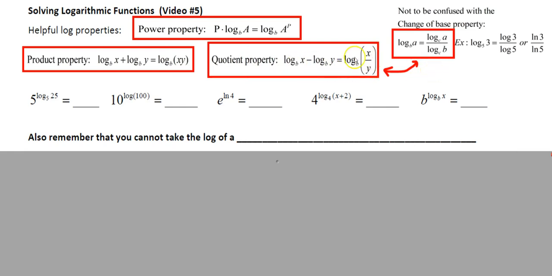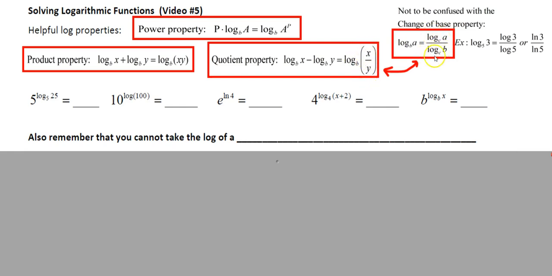Please do not get the quotient property mixed up with the change of base property. The change of base property says if I have log base b of a, I can rewrite that using a different log base, whichever I choose, which I just called c here, putting the number inside the log in the numerator and the number that is the base of the log in the denominator. This is the log of two things divided inside the log.